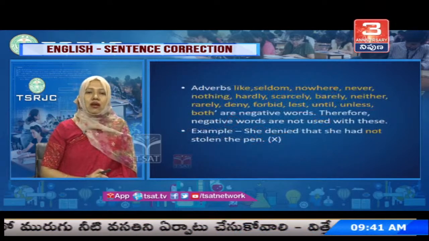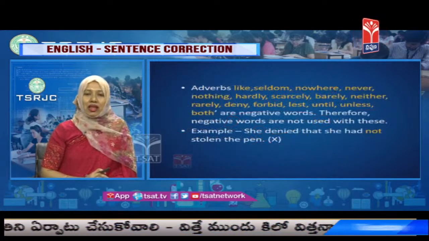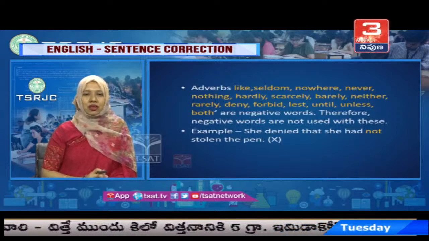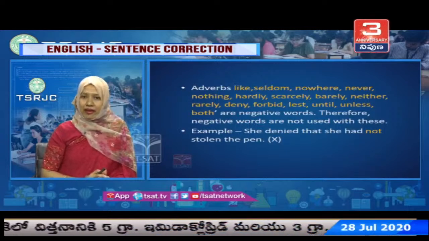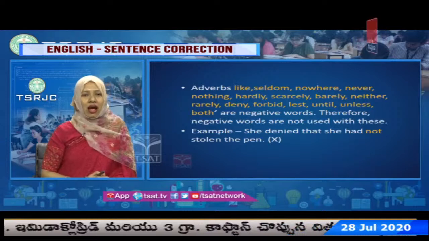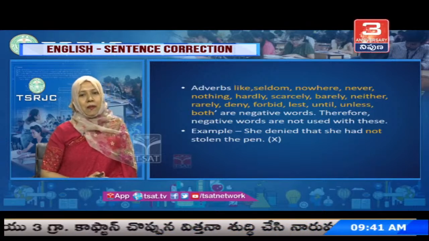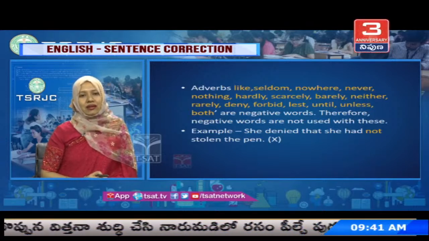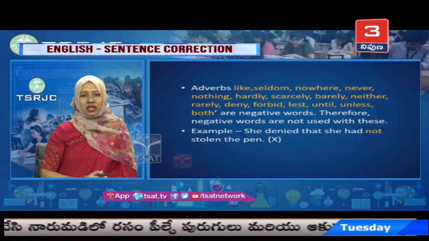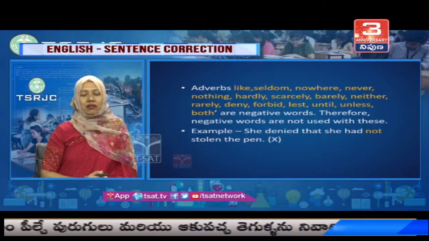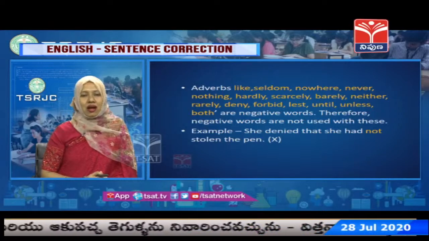Now, there are adverbs like seldom, nowhere, never, nothing, hardly, scarcely, barely, neither, rarely, deny, forbid, lest, until, unless.